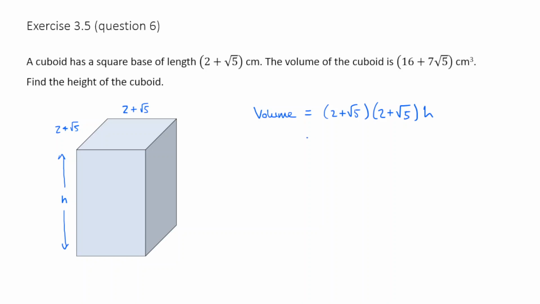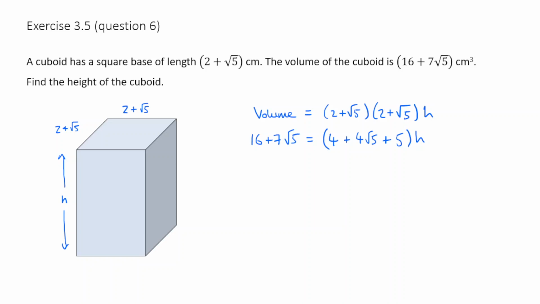Okay, so let's multiply this out. 2 plus root 5 times 2 plus root 5, well, we're going to get 4 plus 2 root 5 plus another 2 root 5, so it's going to be 4 root 5. And then root 5 times root 5 is 5. So here we've got 4 plus 4 root 5 plus 5, times h, must equal the volume, which is 16 plus 7 root 5.